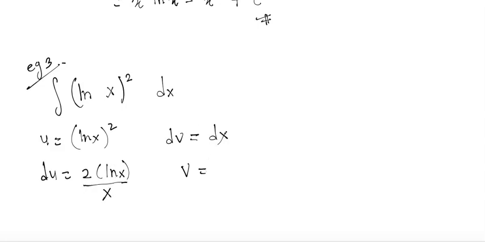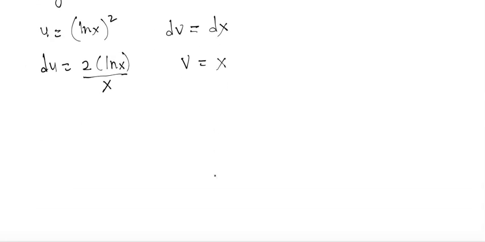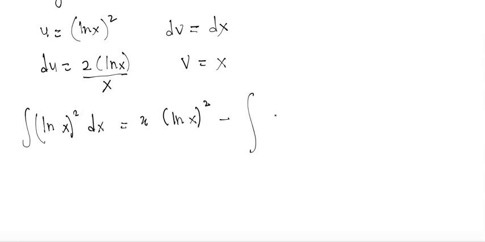And for the right side, you integrate dx, you will get x. Next, you substitute inside the formula. So your integral of ln x square dx is equal to uv, which is x ln x square, minus v du, which is 2 ln x over x dx.